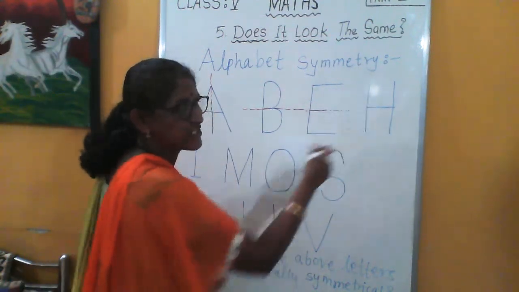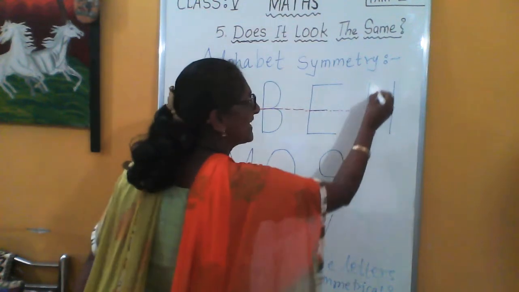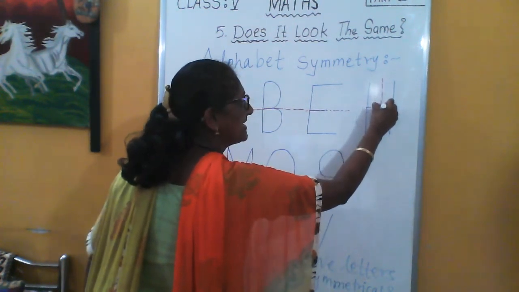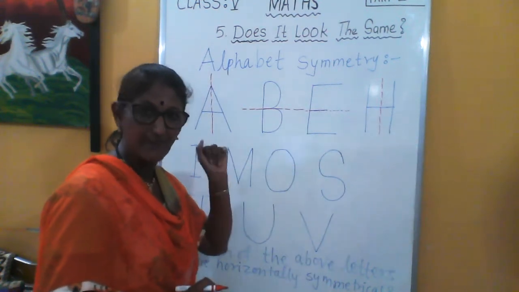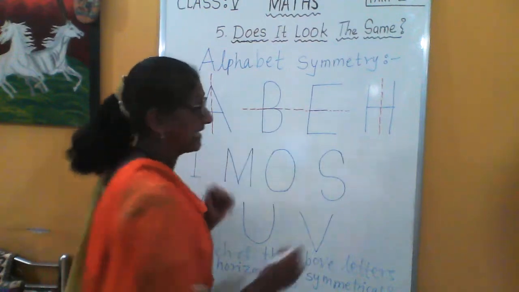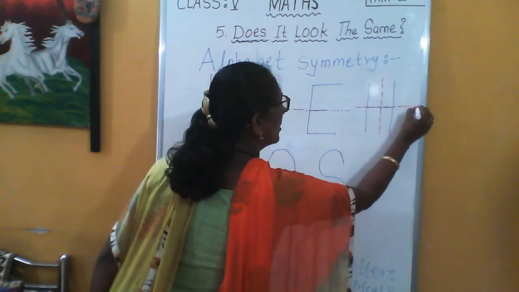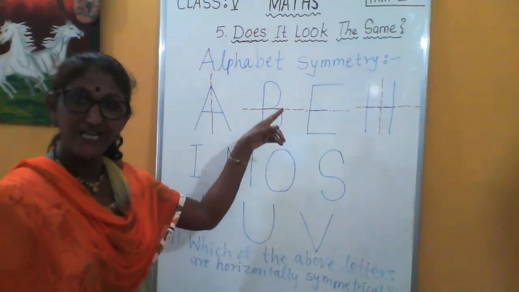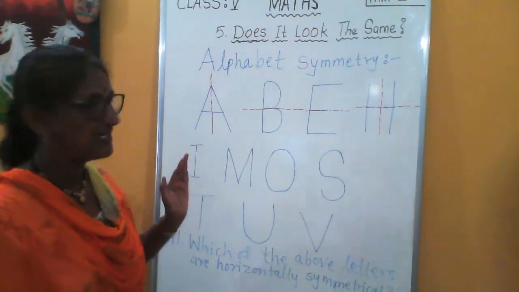The same way H. Here in H, we can draw the line of symmetry vertically so that we can divide it into equal parts. Now, one more thing. Here we can put a line of symmetry horizontally also. I told you, if it is possible, two or more lines of symmetry we can put.